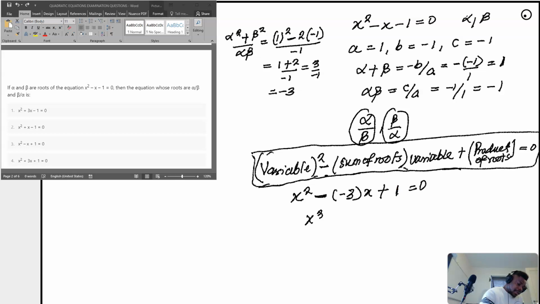So this is x squared, sorry, not cube. So this is x squared, minus times minus is plus, so 3x plus 1 is equal to 0. So this is our answer, and that is option 4.